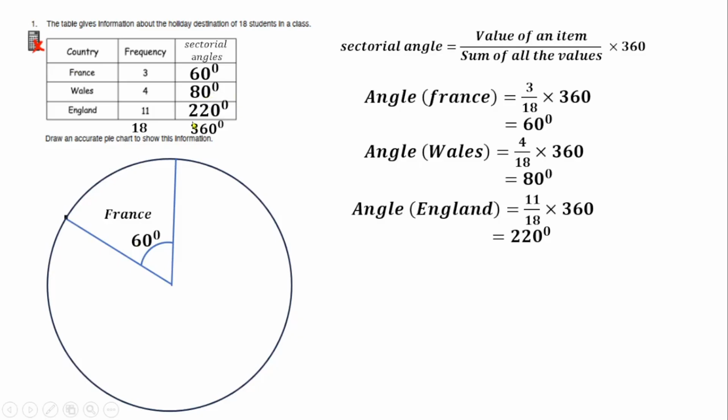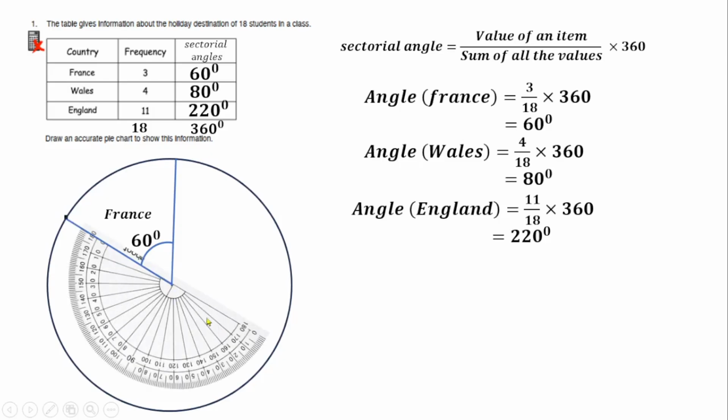Then the next one is Wales. What do we do again? This radius will serve as your origin again. Take your protractor again and place it on this radius like this.